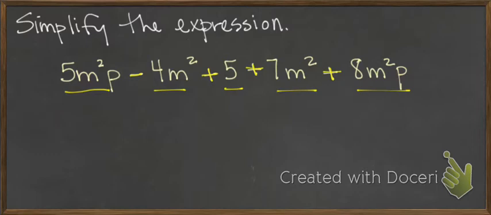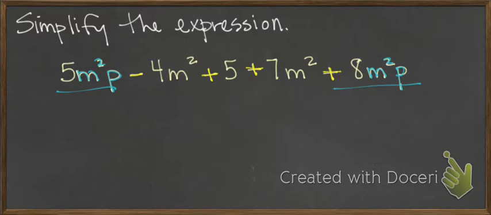I notice some m's, I notice some p's, but like terms have the same combination of variables and exponents. So if we look at the first one, we see that the variables and exponents are m squared p. Are there any other terms that have an m squared p? Yes, the last one. So these two are like terms.